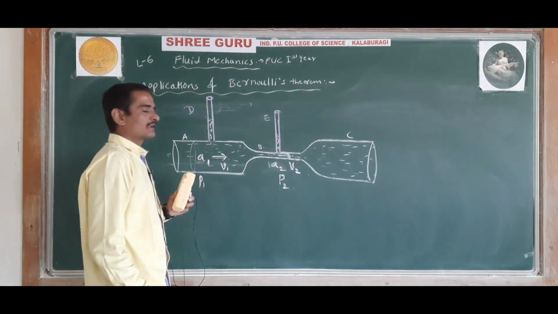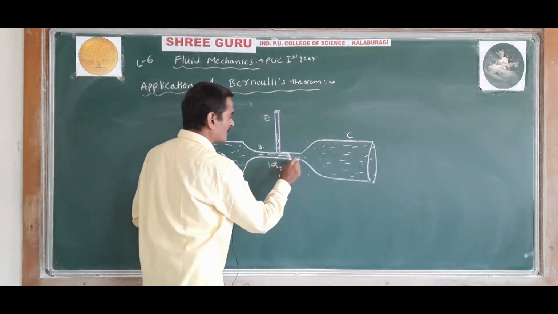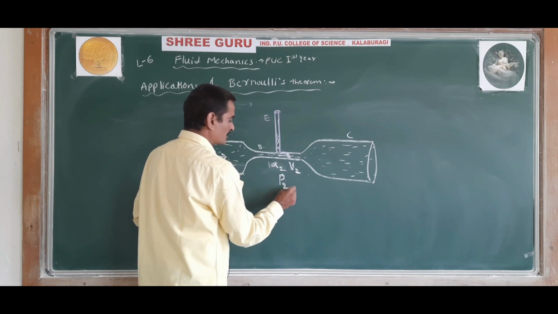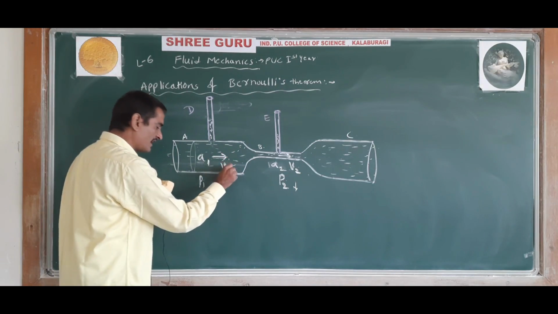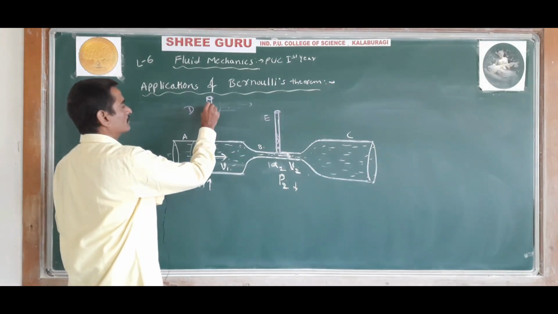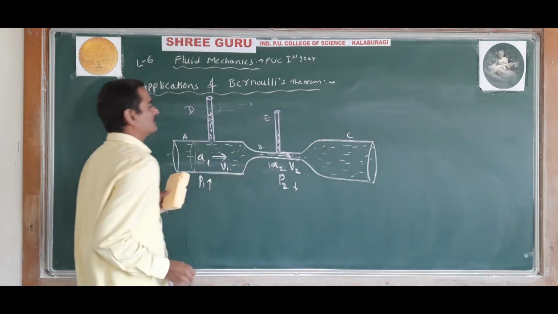Here the velocity of the liquid is more, so pressure P2 will be less. So the height of the liquid here will be less, and here it will be more.